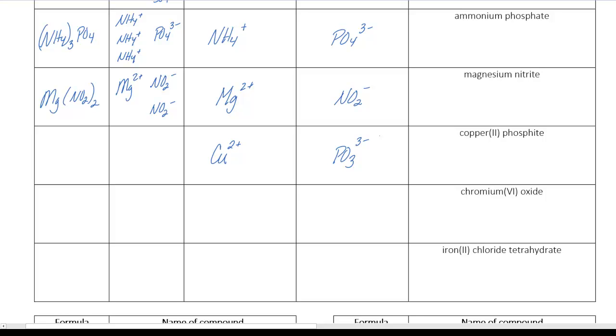We can see that again, a 1-to-1 or a simple 2-to-1 ratio is not going to work for balancing charges. And again, the least common multiple is going to be 6. So we're going to need 6 positive charges carried by 3 copper(II) ions to balance 2 phosphite ions.